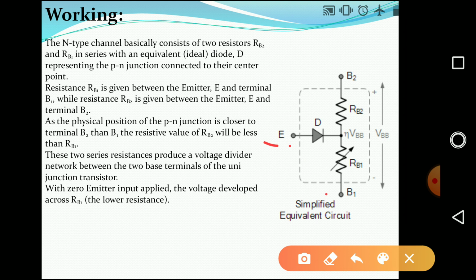The emitter should be made positive with respect to B1 because the emitter and the resistance center point have a diode connection. Here the anode is facing towards the emitter terminal and the cathode is facing towards the center point. To make this diode turn on, the emitter should be made positive with respect to B1, that is, B1 is kept at a negative value.